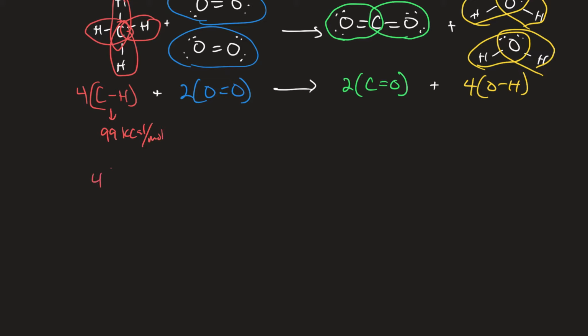So it will be 4 times 99, plus, since we're looking for a delta H here, we're going to put this all together. For oxygen, each double O bond is 119 kilocalories, and so it's 2 times 119.